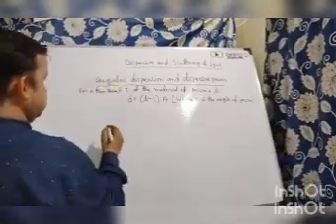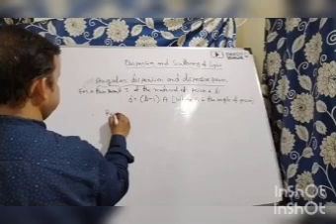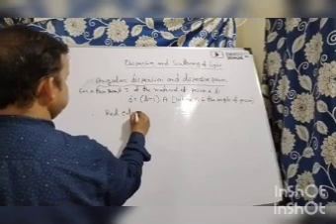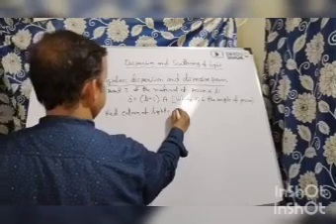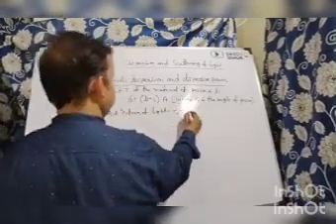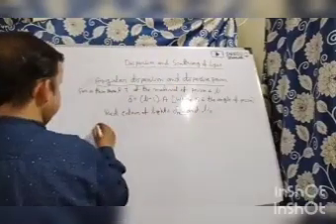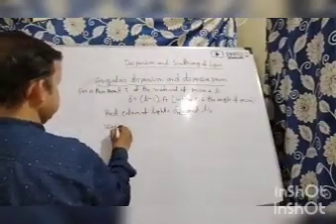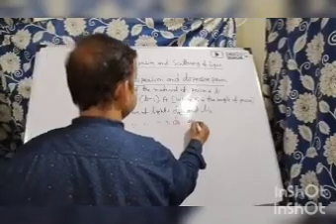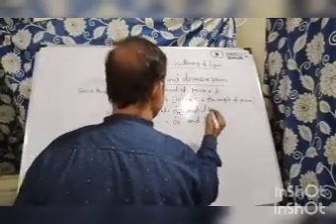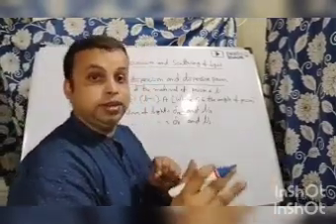Now, suppose the angle of deviation for red color of light is delta R, and refractive index mu R, and for violet color of light is delta V, and refractive index mu V. So yellow will be in the mean position.